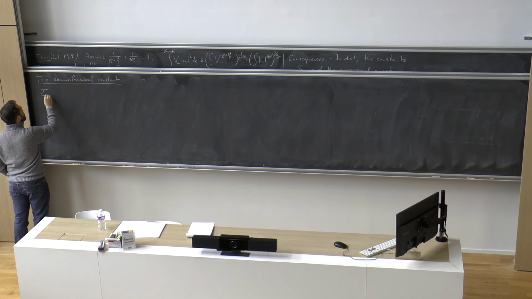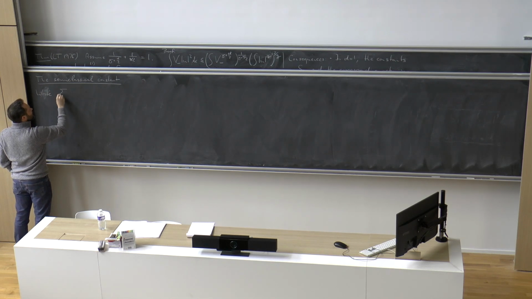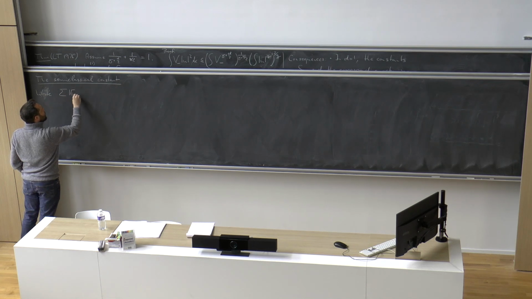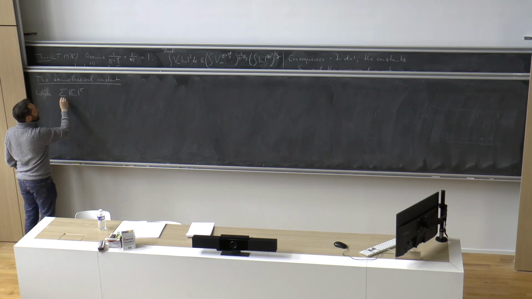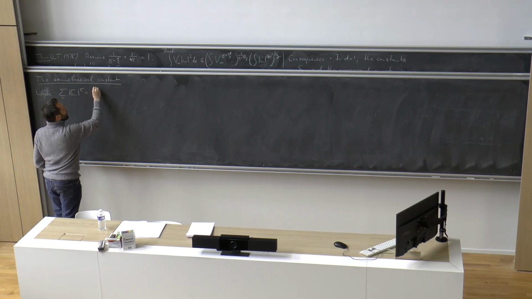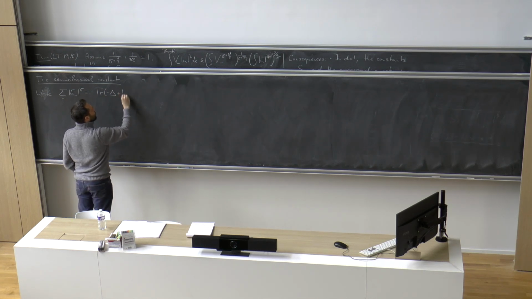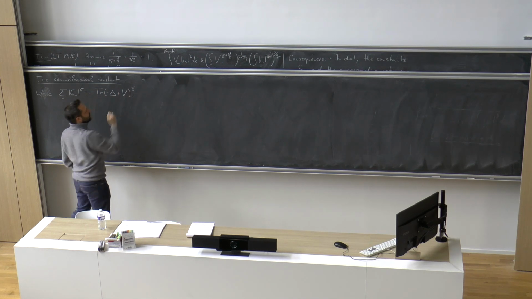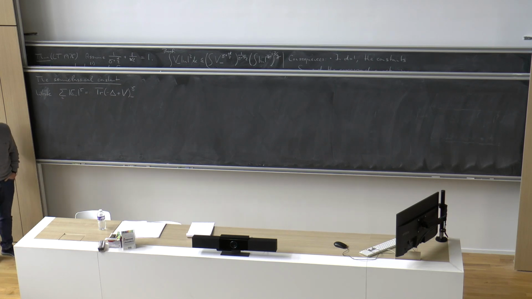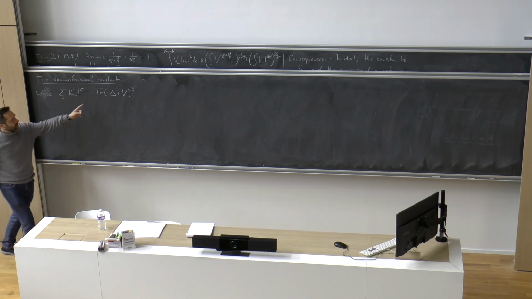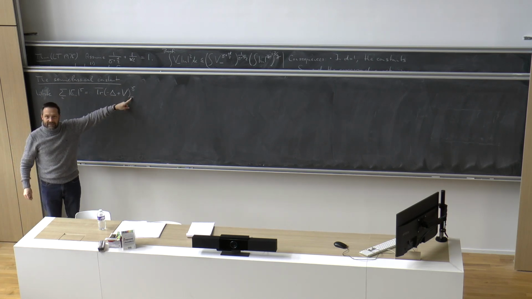So from now on, it will be very useful to abbreviate this sum as that. I'm taking the operator, I'm taking its negative part, I'm raising that to the power gamma, then I take the trace.